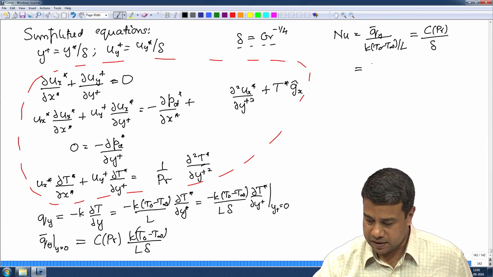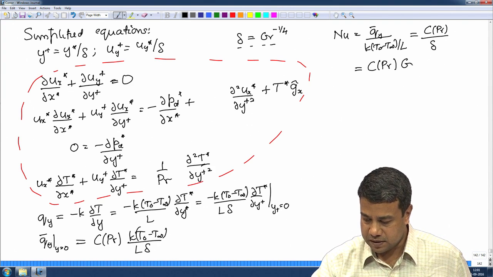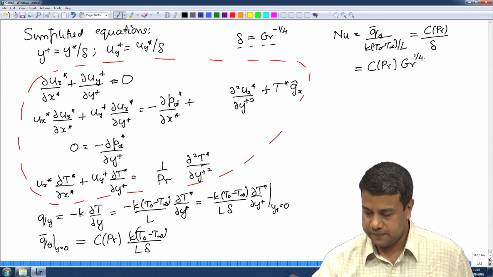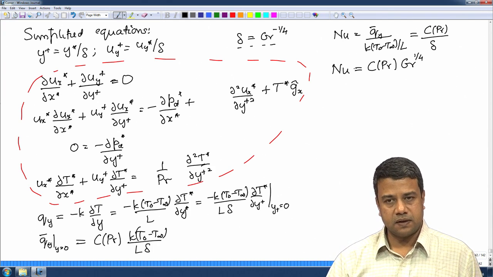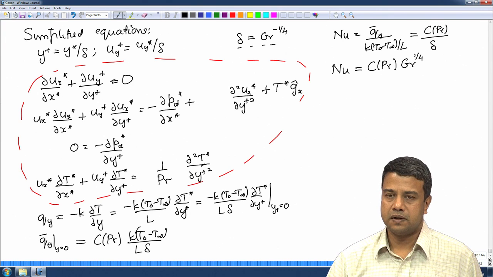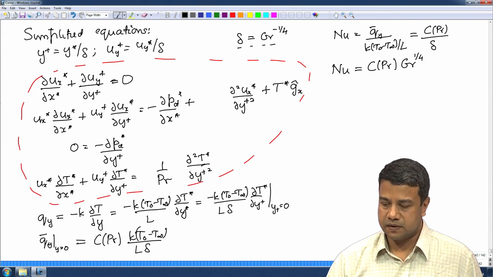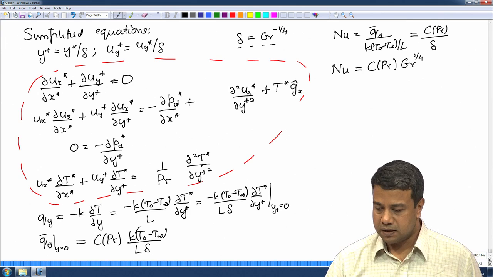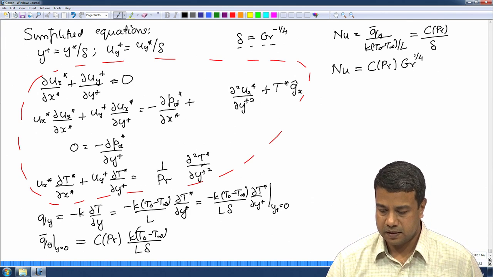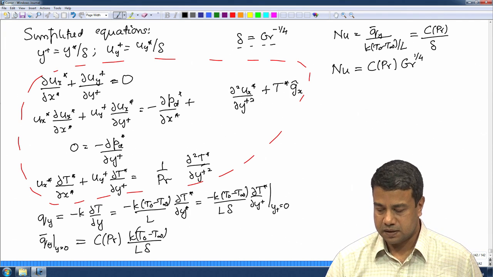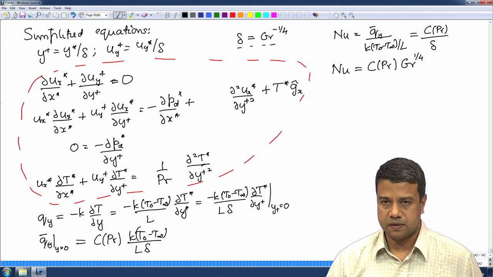Therefore, the Nusselt number has to go as some constant dependent upon Prandtl number times the Grashof number to the plus 1 by 4 power. So, that is going to be the form of the correlation for natural convection in the limit of high Grashof number. That coefficient, the constant function of the Prandtl number, we do not know yet, but we know that the Nusselt number has to scale as the Grashof number to the plus 1/4 power.